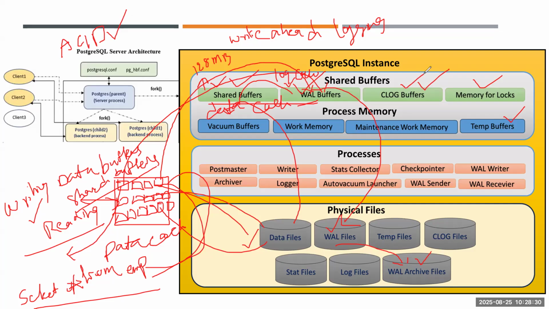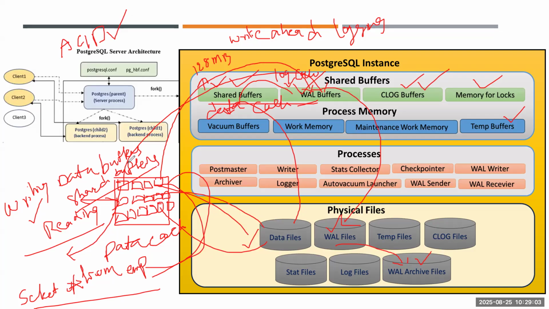Now there is one more component called CLOG, committed log. Users are performing inserts, updates, deletes. How many types of transactions will they perform, sir? Is there any idea, anyone? Not DML, DCL, not that level.